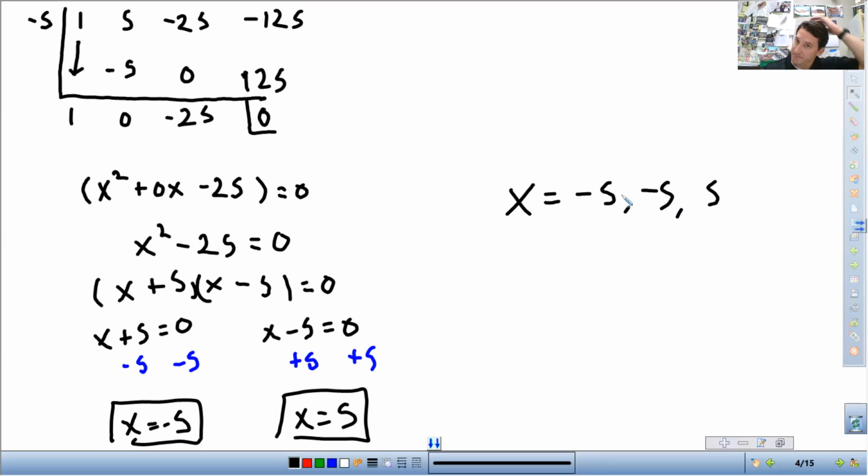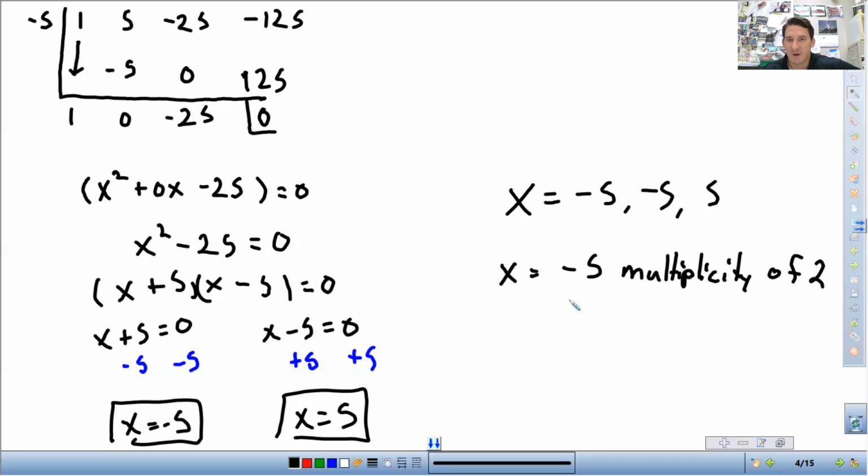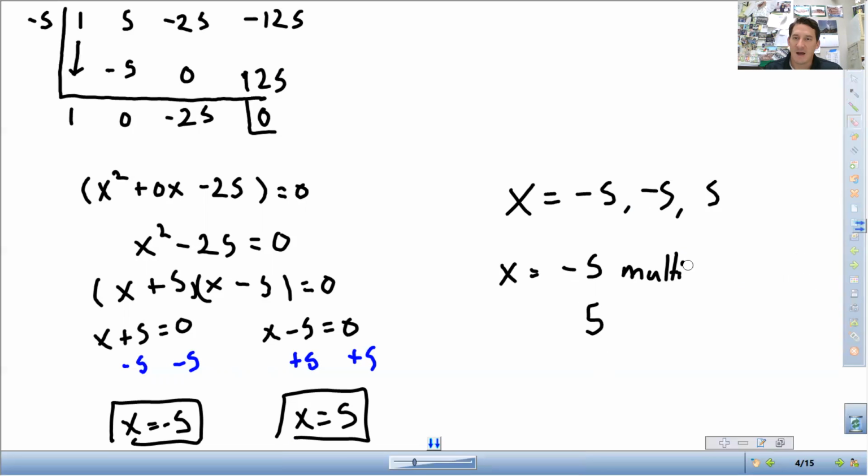Since these match up, you don't really need to write it twice, but what we do is say that x has a solution of -5 with a multiplicity of 2, because there's 2 of them, and then also 5. We can shorten down the multiplicity: you'll see -5 multi 2. That means there are 2 -5s in the zeros.